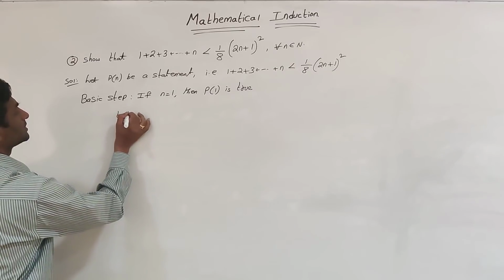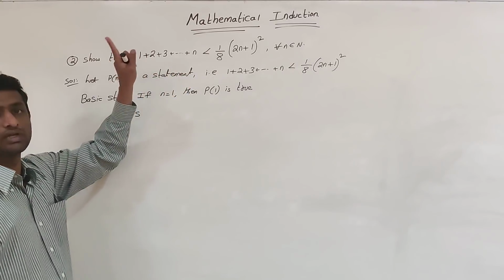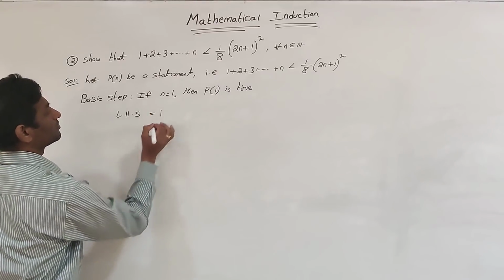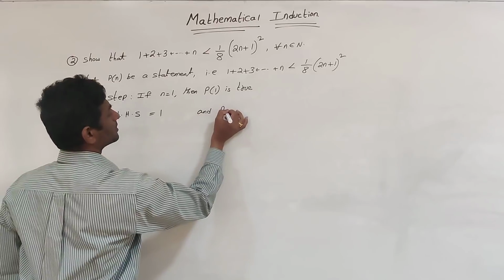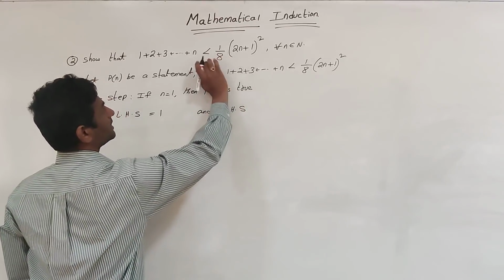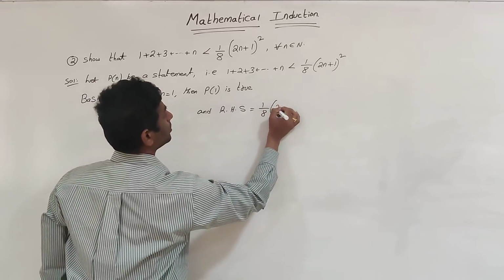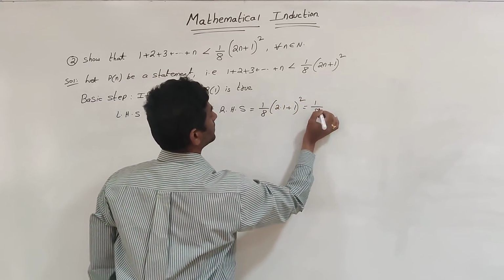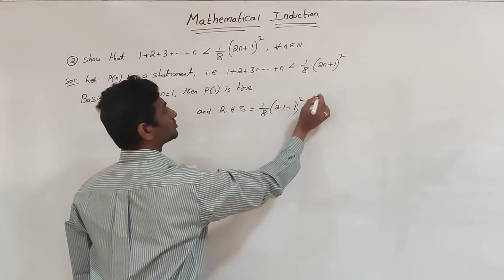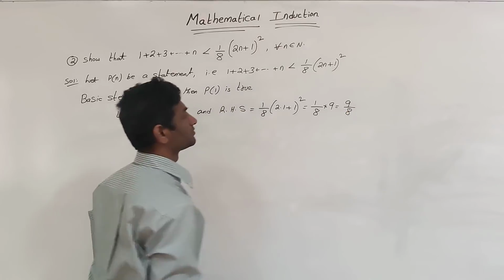So on the LHS, what happens? N is equal to 1 means you will get only 1. So LHS is equal to 1. And the RHS of this inequality, that is 1 by 8 times of (2 into 1 plus 1) whole square, that is 1 by 8, 2 plus 1, 3 square is 9. That is 9 by 8.